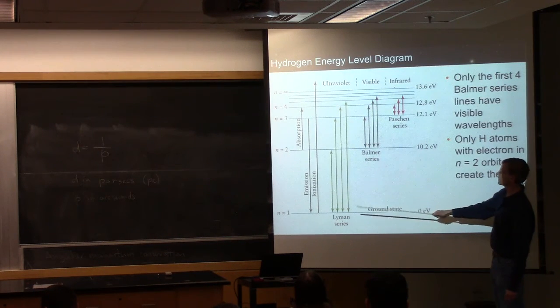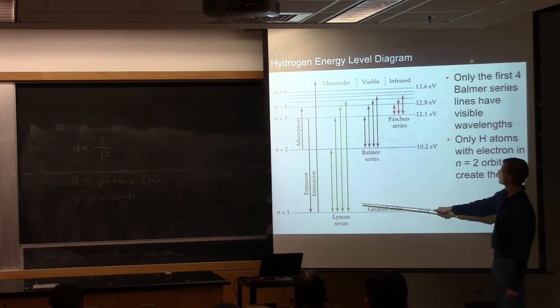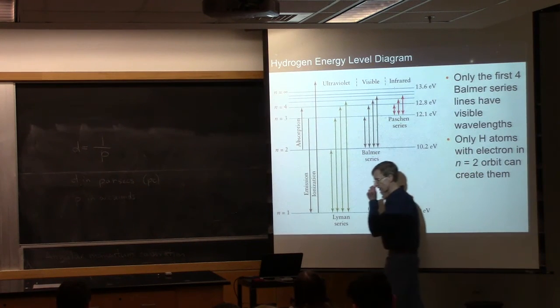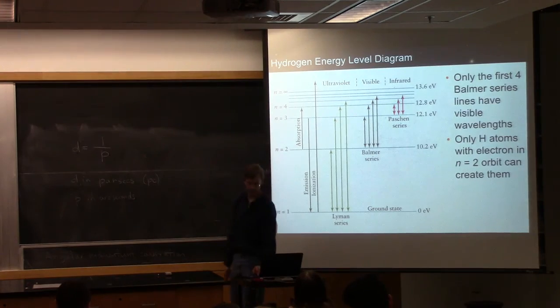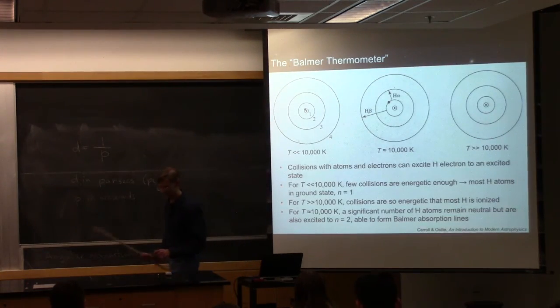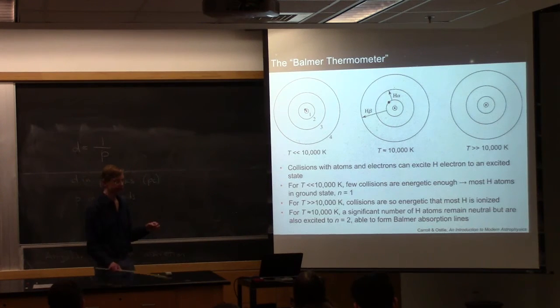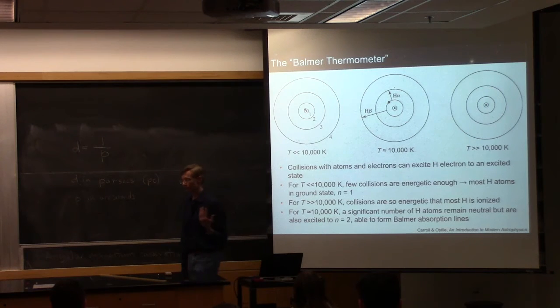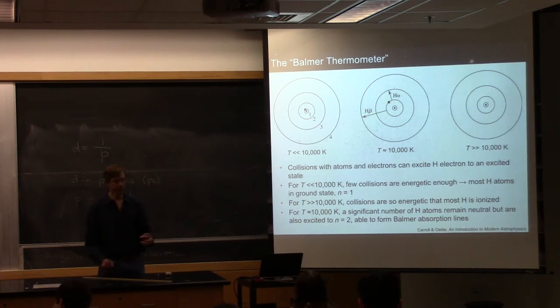If it's in the ground state, that's no good because that produces Lyman series lines. So you need the hydrogen atom's electron to already be in the n=2 level. One way electrons get to the n=2 level out of the ground state is to absorb photons, but even more so, collisions with other electrons, with atoms and so forth, can give electrons energy to jump up to the n=2 level from the ground state.